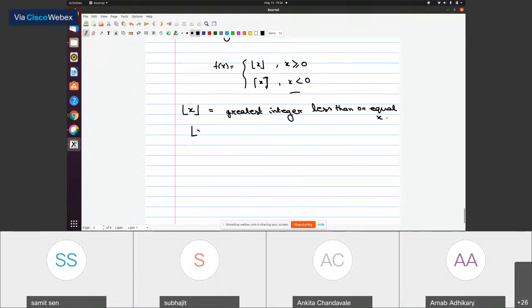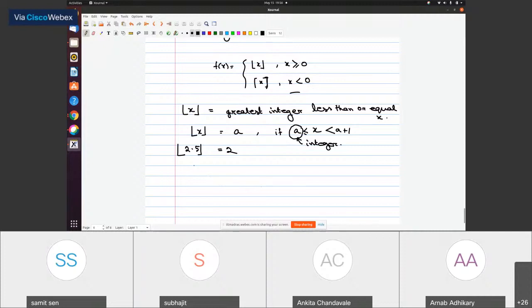So if a is less than or equal to x and a is an integer, and x is strictly less than a plus 1, then in between these two integers, I am taking the integer which is less. So floor of 2.5 is nothing but 2. Is the definition clear for the floor function?